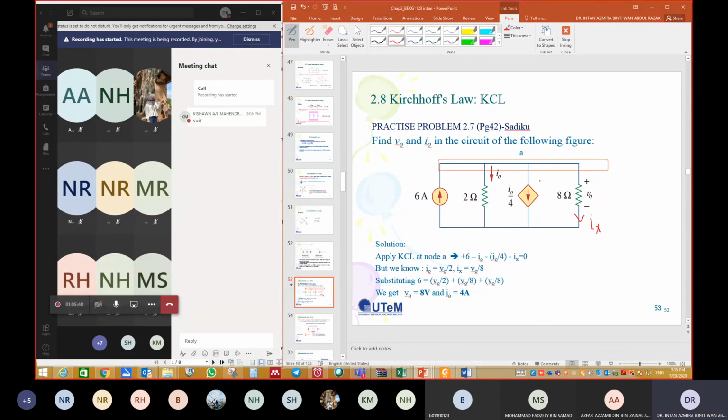Please rearrange, and then we get V naught is equal to 8 volt and I naught is equal to 4. Can you understand? Yes, doctor. Okay, good.